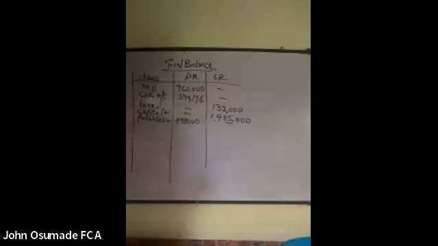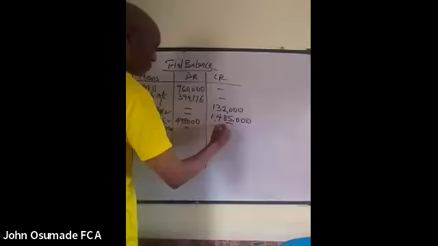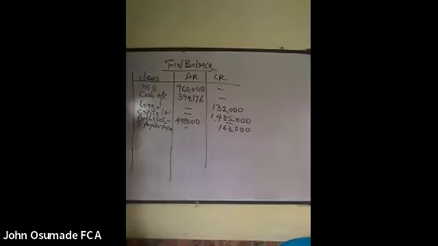Trade payables, FACO Limited. Credit side. Figure. 163,000.